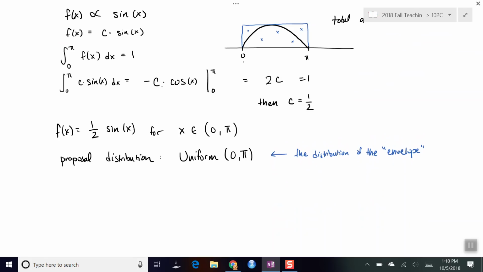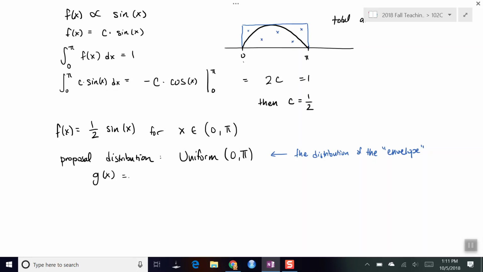Okay, so if our proposal distribution is uniform on 0 to pi, and we'll call this g of x, what is the equation of g of x? So g of x has to integrate to 1, right?